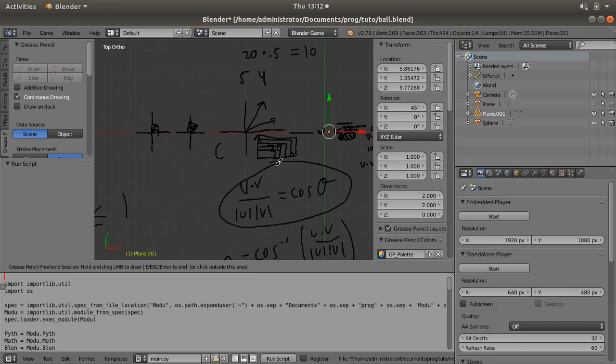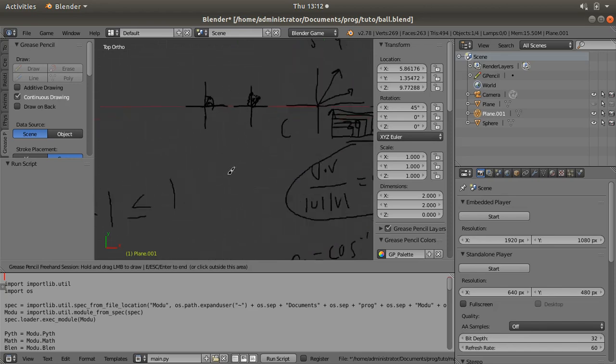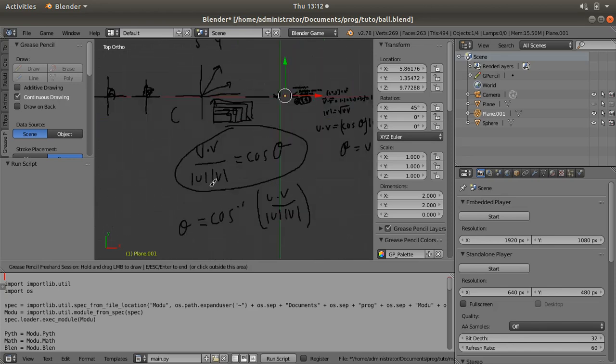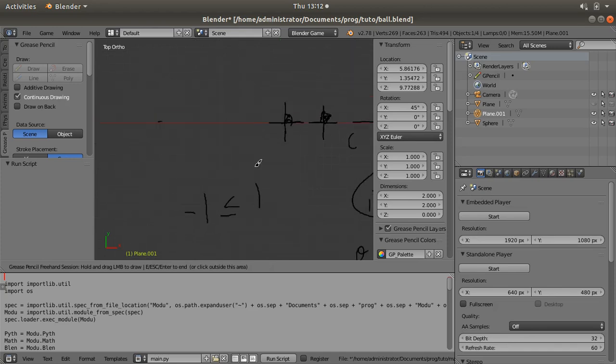So say I have a vector that's even with the x-axis, and I have another vector that points straight up. Another way to think about this cosine of theta value is, well, let's first say I have two vectors that are directly aligned, then cosine of theta is 1.